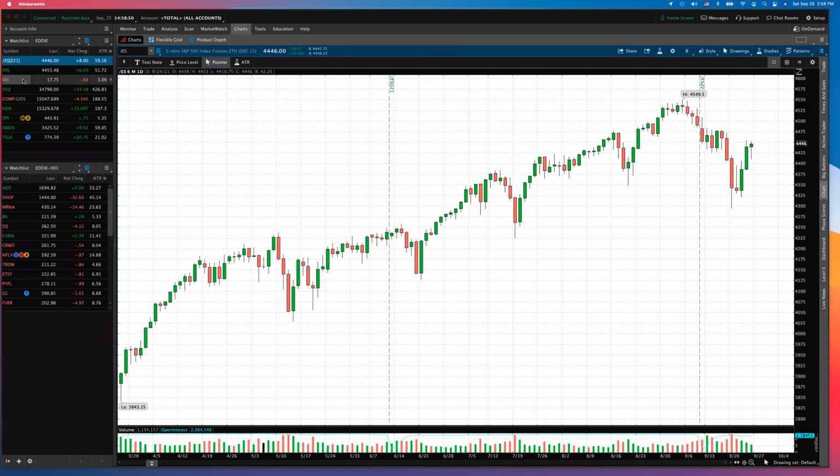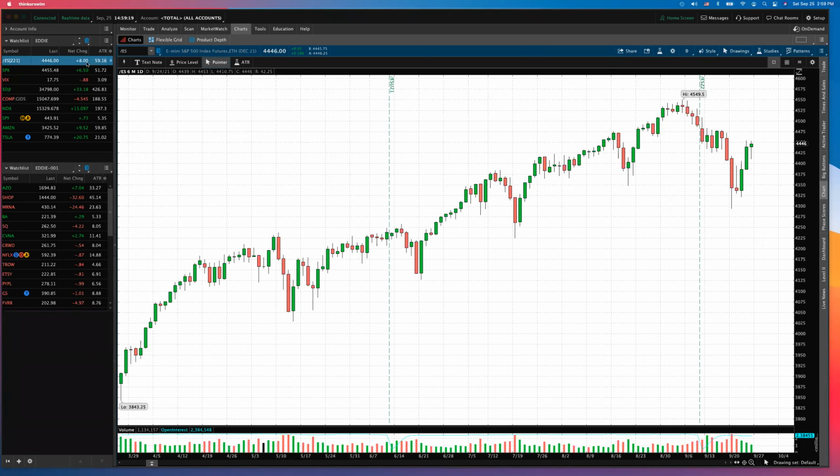Your mileage may vary. However, the net change in the morning is critical for me, and how it's moving. It is important for me in the morning to see: is it positive or negative? If it's negative, I know that most likely the SPX is going to open below where it closed the previous session. If it is positive, it's going to open above.